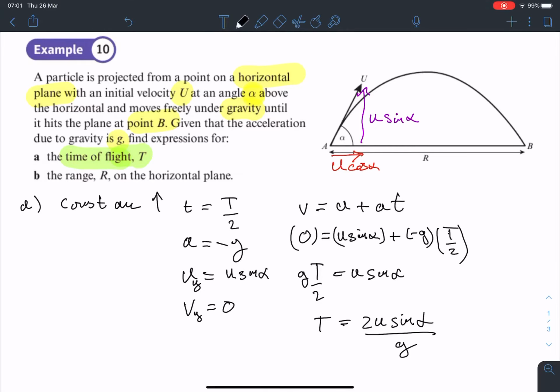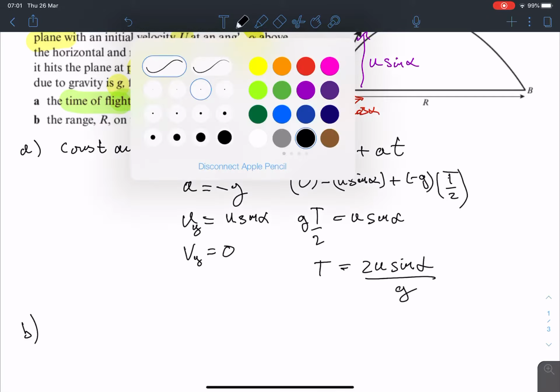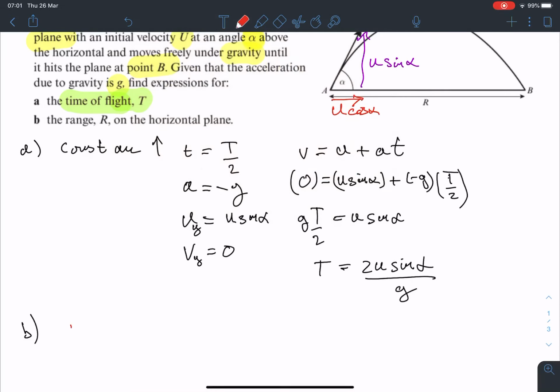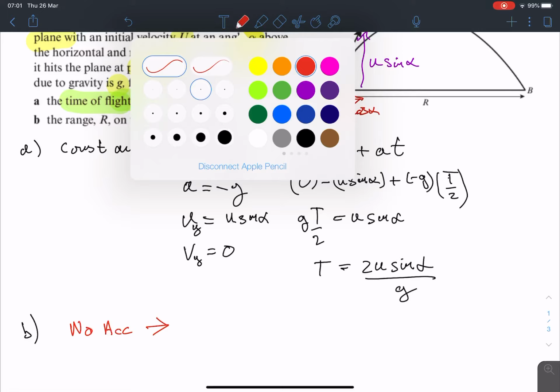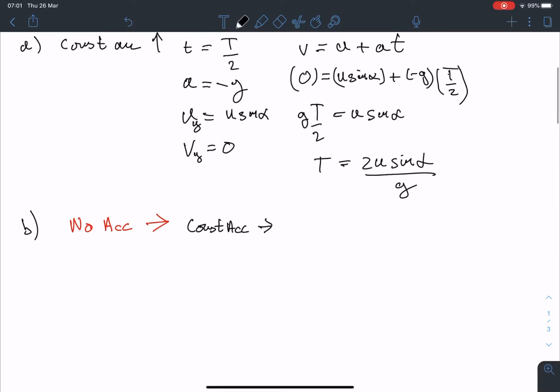So now we can think about the range. Well, again, we've done this lots of times. We know that horizontally, there's no acceleration horizontally, but we still use our constant acceleration formula. So it's going to be constant acceleration horizontally, and we get a equals 0.